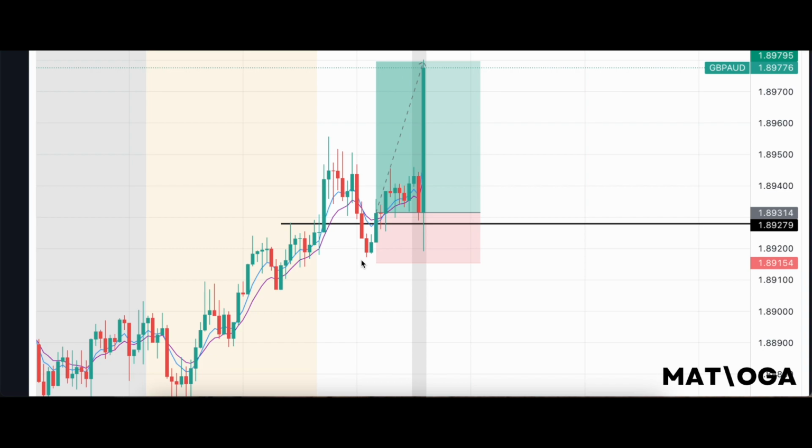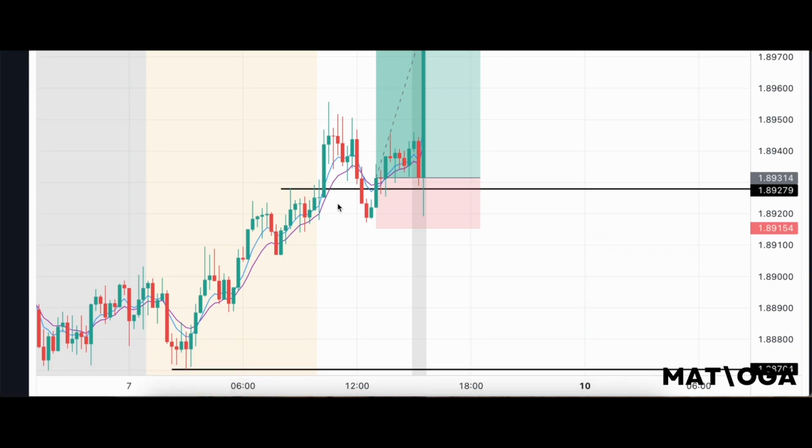I mean, this is a fairly valid short position, but I wouldn't take it. The only reason is because if all of this mess right here would have taken place below the session high, and then we had this candlestick below the EMAs after the rejection, then yeah, it would make sense.